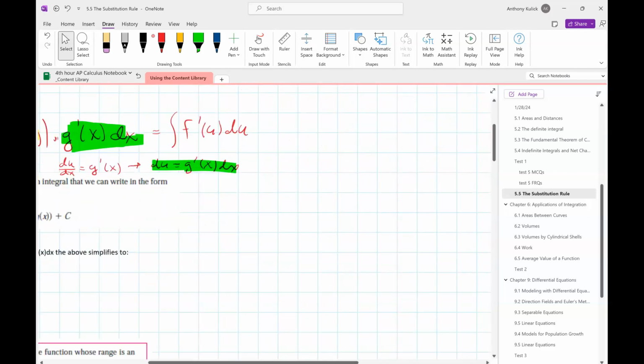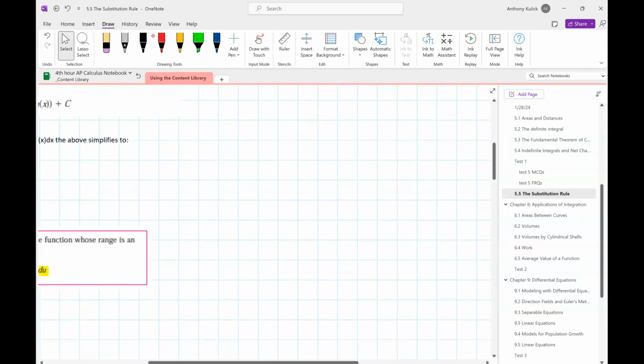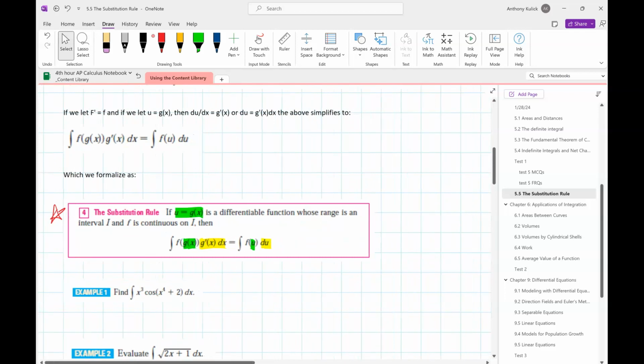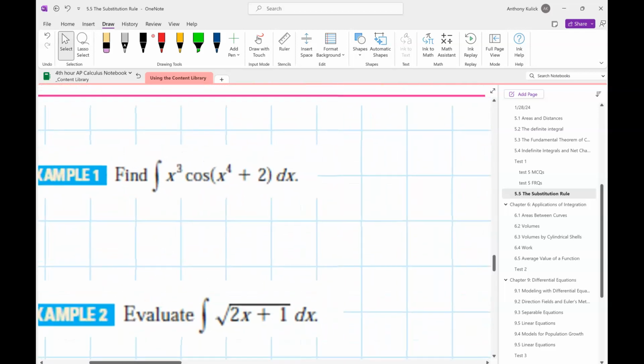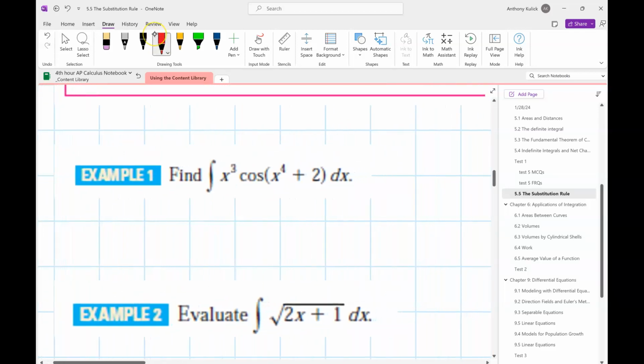Okay, so let's go ahead and look at our next one. The integral of x cubed times cosine of x to the 4th plus 2 dx.